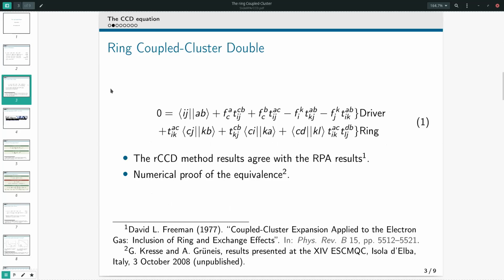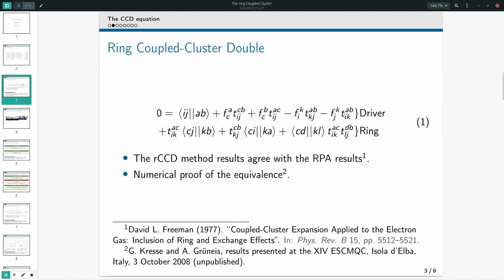So we can see what happens when we take just one of these classes of terms. Here we always take the driver, and we change the other class of terms. It has been observed since 1977 that the ring coupled cluster method agrees with the RPA, the random phase approximation.